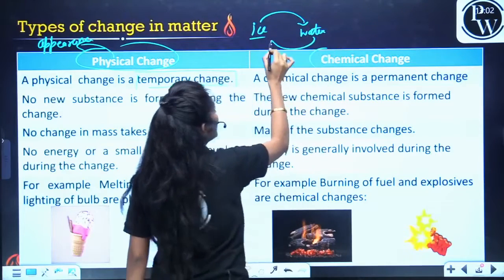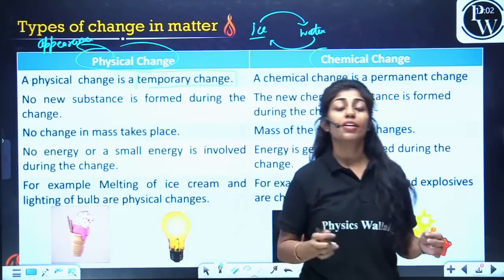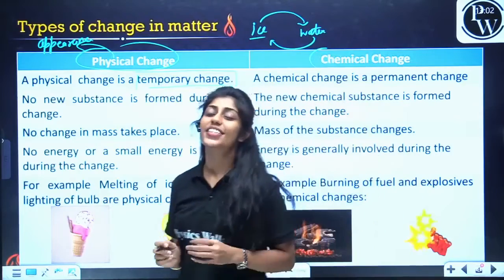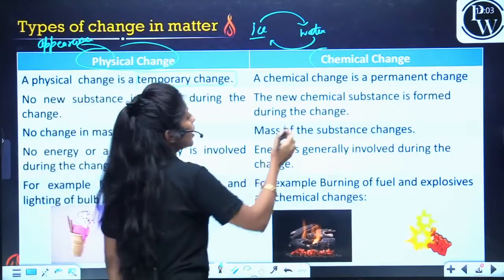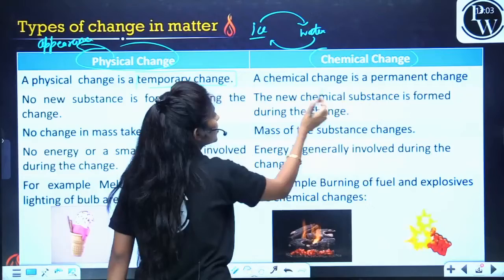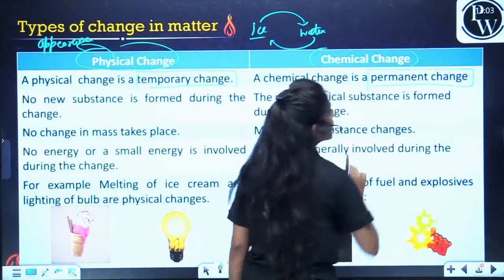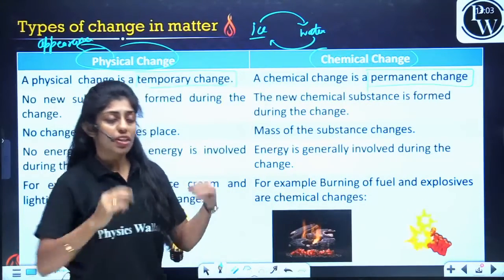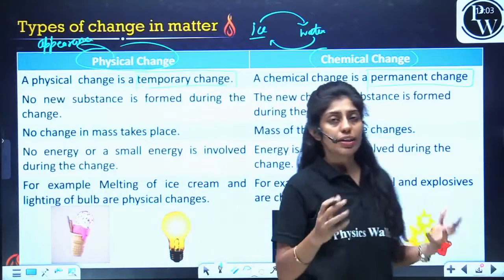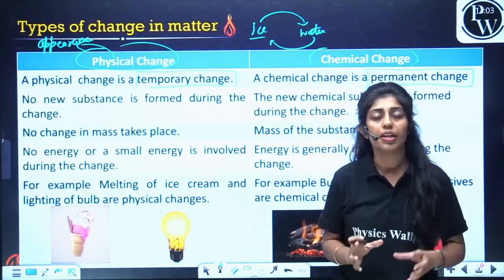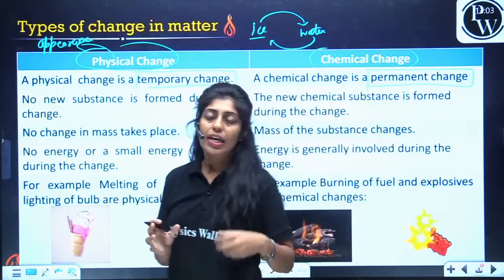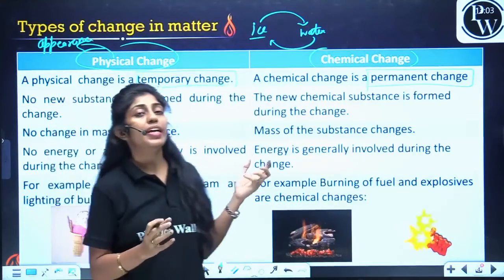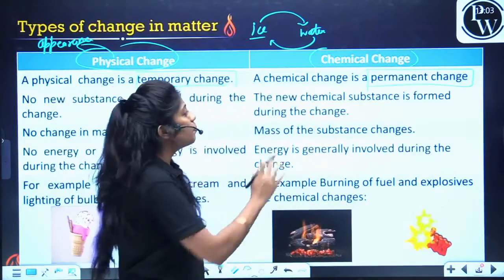Now I can again freeze it and make it ice. So basically it's a temporary change. But if I talk about chemical change, it is a permanent change. If rusting has started on an iron article, I cannot remove it. The iron will not get its shine back. So that's a permanent change.